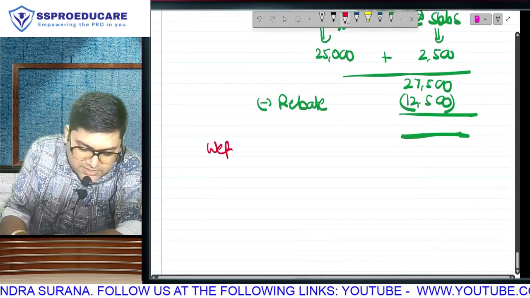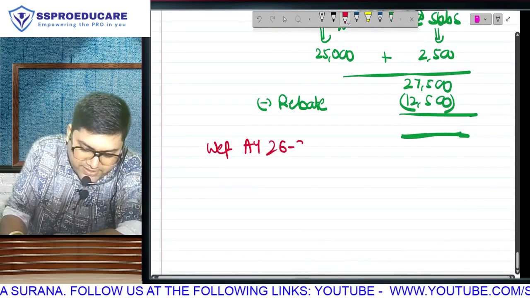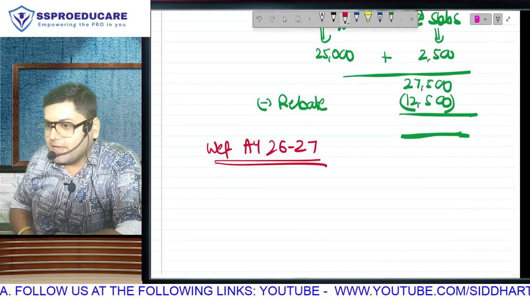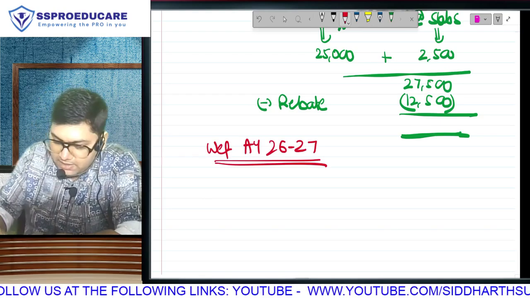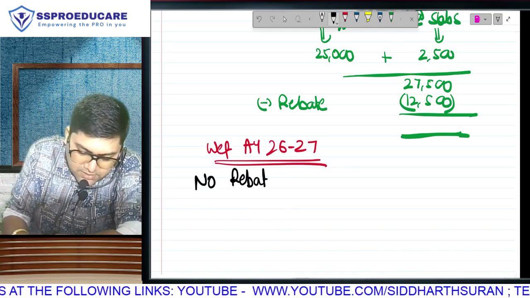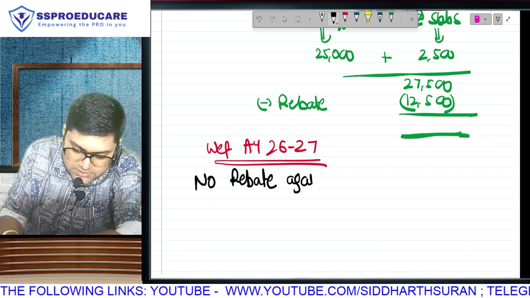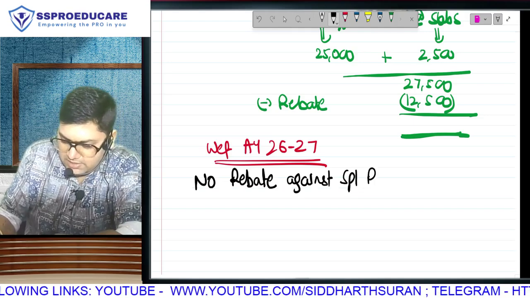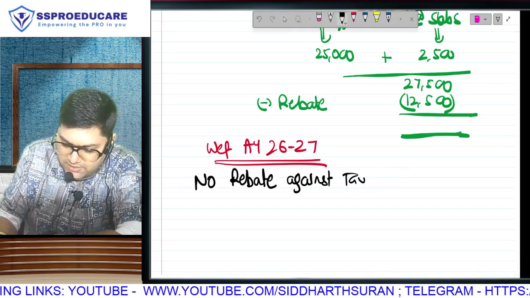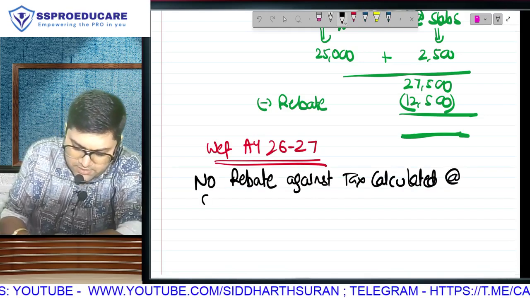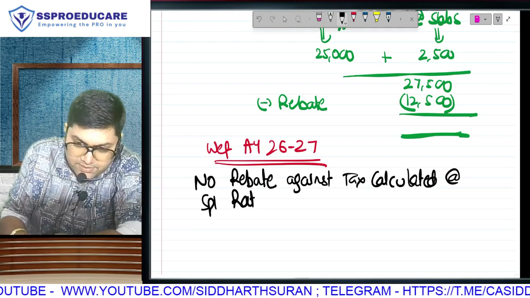With effect from assessment year 26-27, that means in the concept of rebate, I am discussing an amendment. The amendment is no rebate against special rate tax, or you can say against tax calculated, better language, at special rates.